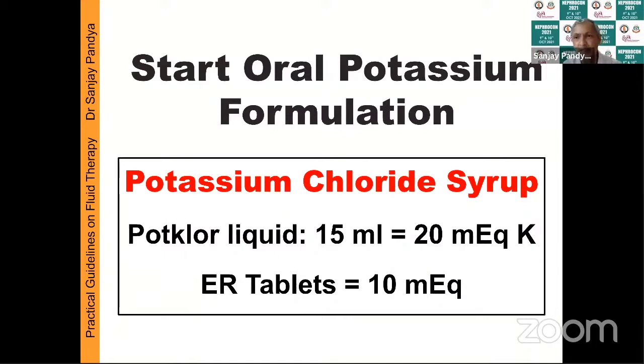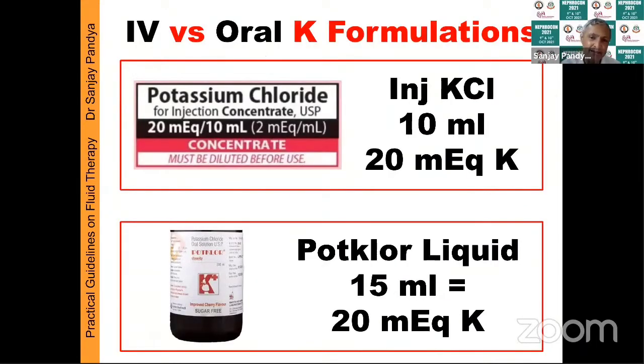We need to keep in mind that potassium-containing syrup is fairly rich in potassium. One ampule of KCl contains 20 milliequivalents of potassium, and 15 ml of Potchlor liquid also contains 20 milliequivalents.